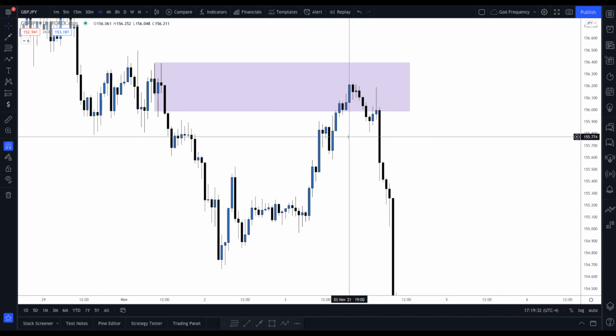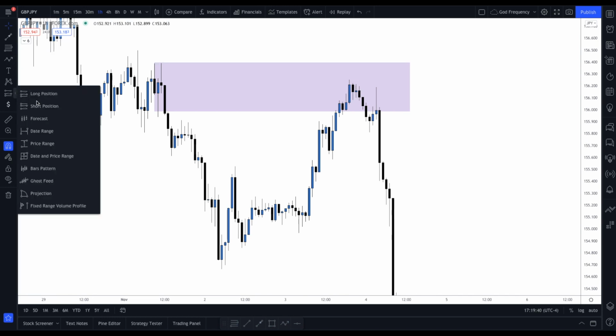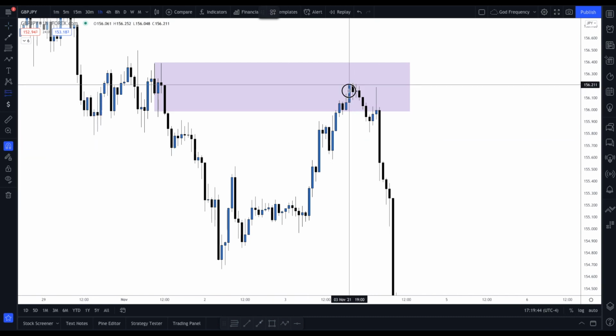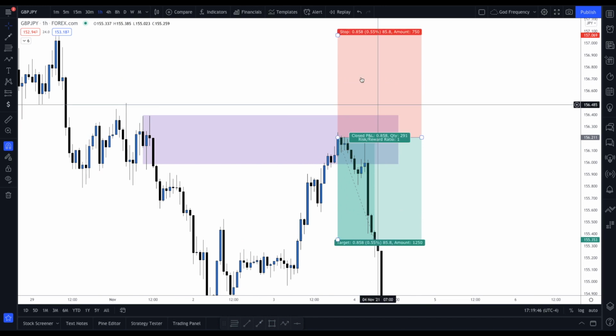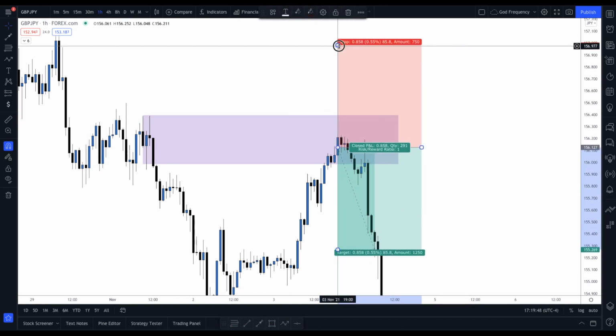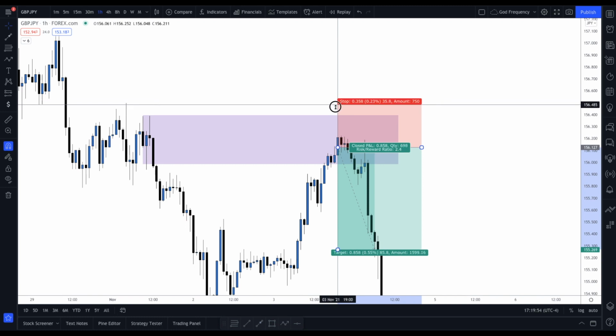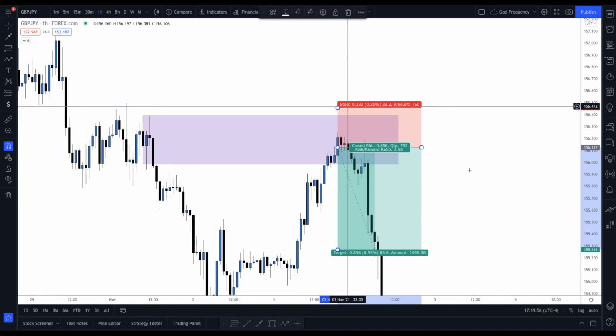Like you can enter right here. You can enter as soon as price hits that order block, and you can put a protected stop loss a little bit above the high of the order block, for about 32 pips.